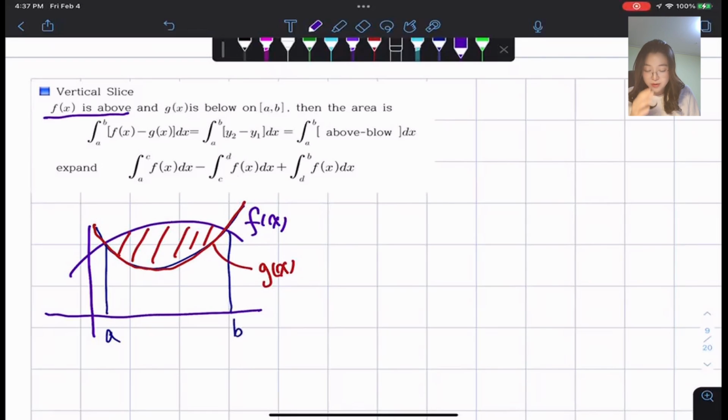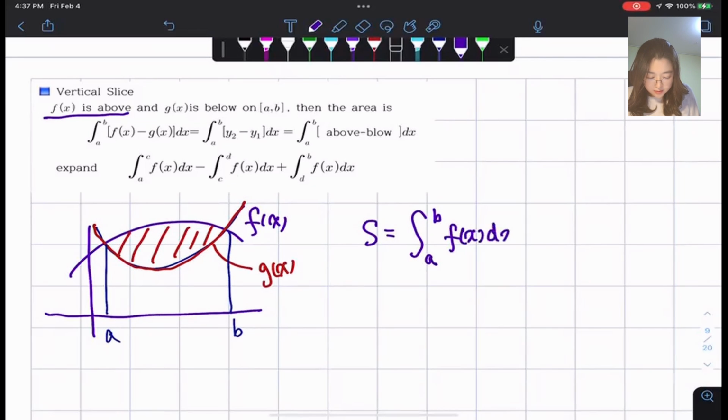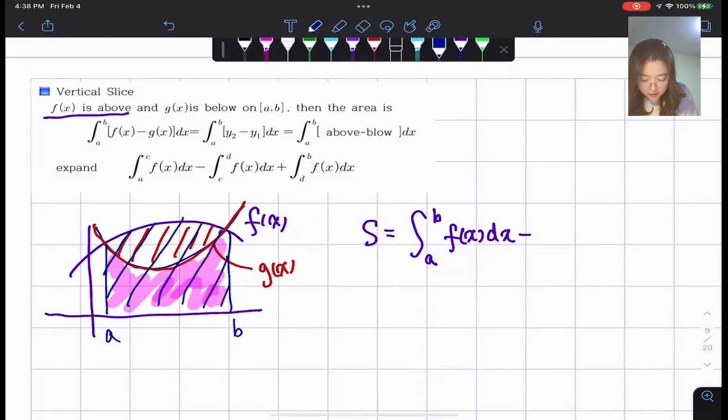First, you should find the area of f(x): integral from a to b f(x) dx. And subtract like this g(x). The range is like this. f(x) is like this. g(x) is here, pink.